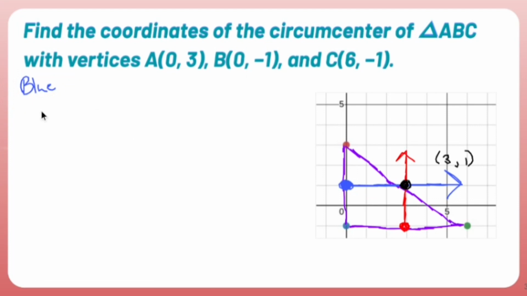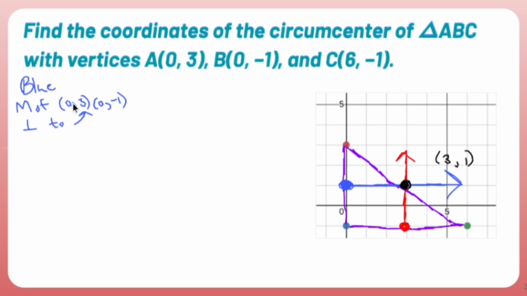I need the midpoint of these 2 points, which is (0, 3) and (0, -1). And it has to be perpendicular to that as well. That's the equation that I need to come up with.